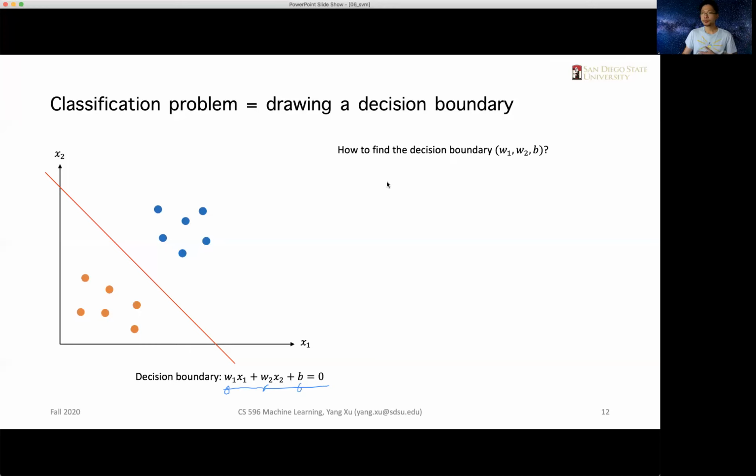The problem of how to find the decision boundary is something we can solve by using models like logistic regression, right?